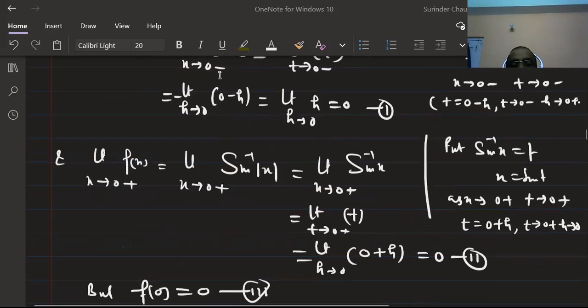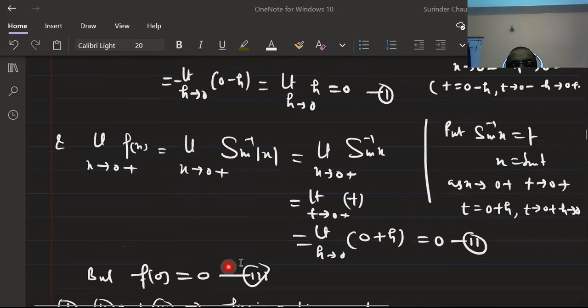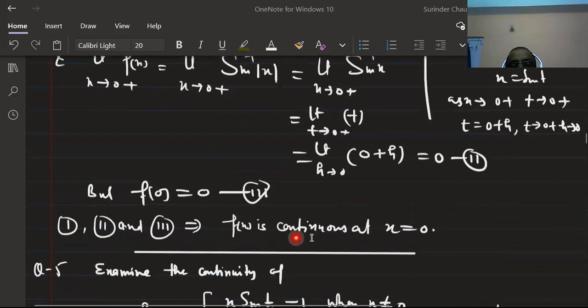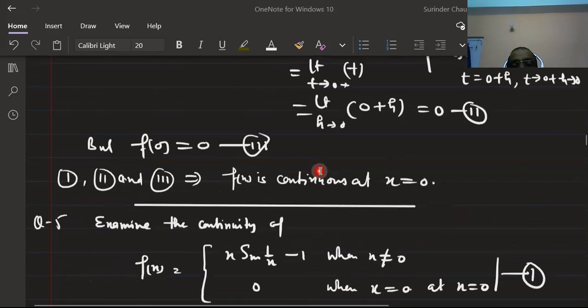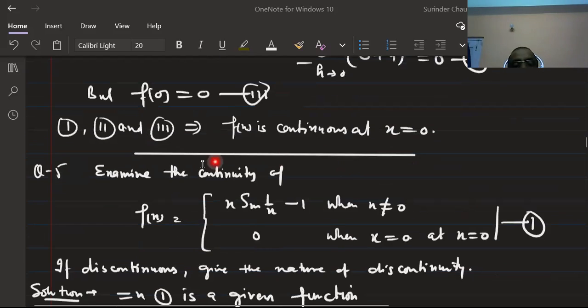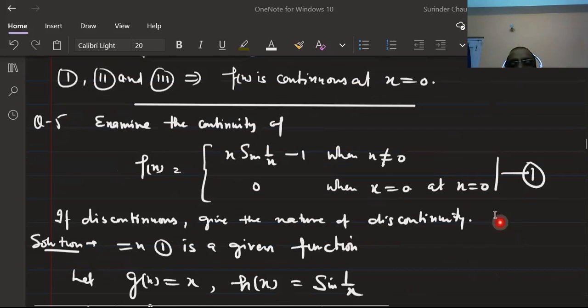Left limit is 0, right limit is 0, and the value of the function at 0 is 0, so the function is continuous. Next question: examine the continuity of f(x) = x sin(1/x) minus 1 when x is not 0, and f(0) = 0.